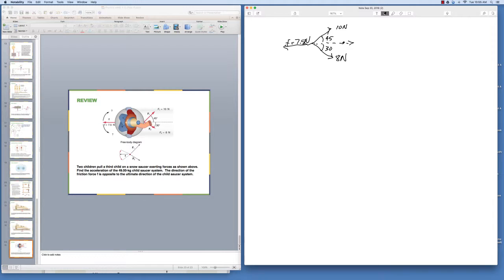Now in both cases it's the x component here that's important, and so what we have is this 10 times the cosine of 45 plus 8 times the cosine of 30, and that's going to equal the x component of what the kids are generating, and that's going to be opposed by the friction force, and then whatever's left after all that.